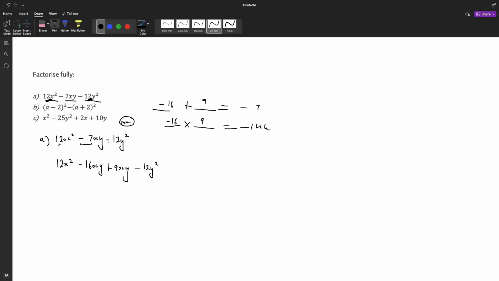If you look at these first two terms, 12x squared minus 16xy, what's common? We have 3 as a common factor in the number, and then we've got x in both of those terms as well. So outside we've got 3x, and inside we've got 4x minus 4y.